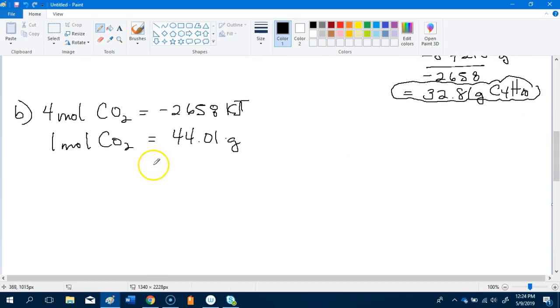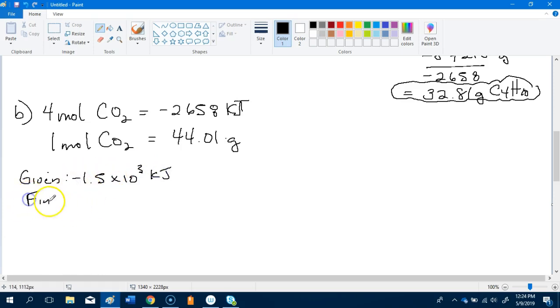And then I need to do my solution map again, and it's how many grams of CO2 are emitted if 1.5 times 10 to the power of 3 kilojoules are emitted.